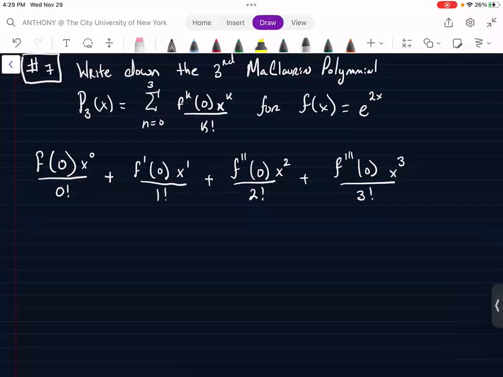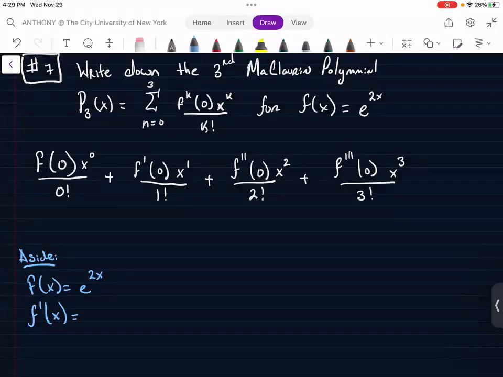Well, from our given function, f of x, you can find its derivatives and then do its evaluations, right? So just a side here. We have f of x is originally e to the power of 2x. Now, what is f prime of x?